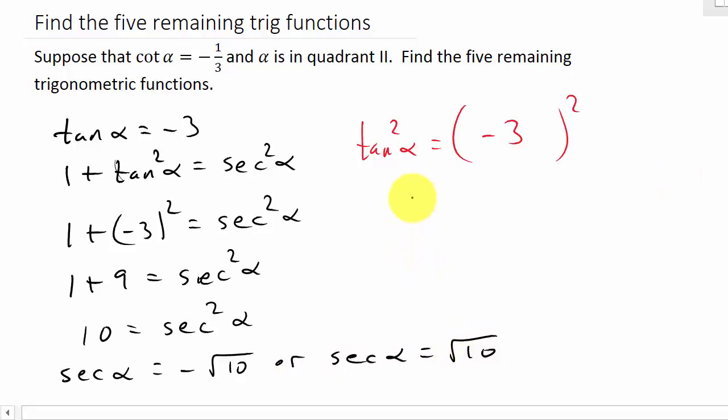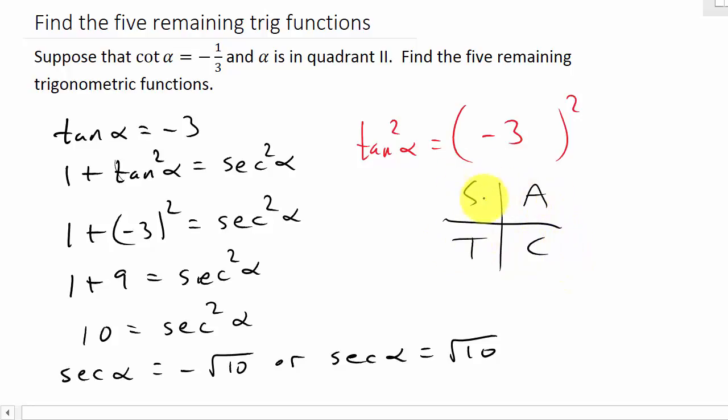Now remember, alpha is in the second quadrant. So what do we know? In the second quadrant, sine and cosecant are the only ones positive. You remember this? All students take calculus.